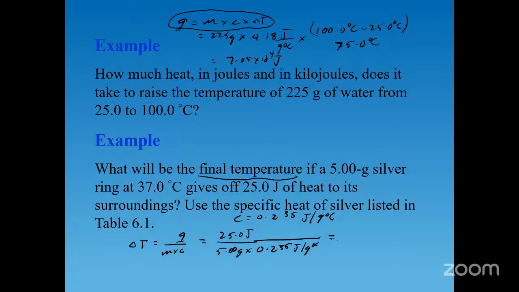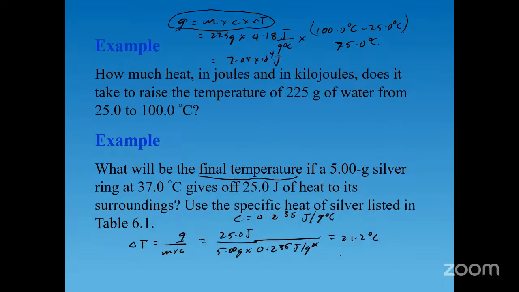25 divided by 5 times 0.235, and according to my calculation, delta T, oh, that can't be right, let me see. 25 divided by 5 times 0.235, so 21.2, okay, I guess I was right the first time. 21.2 degrees Celsius.